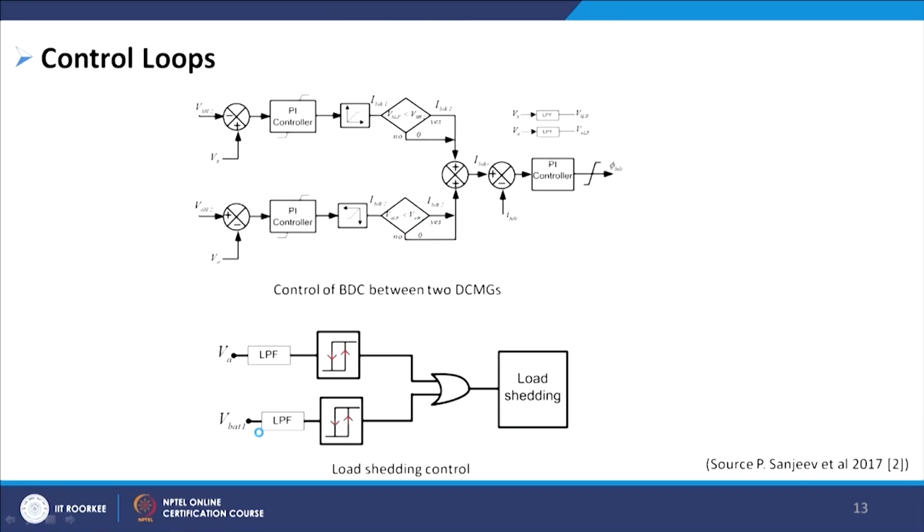Now, moving to the control loops of the DC microgrid, the basic structure, and then we have a load shedding control, because here we have seen that if required, the loads which are not critical need to be shed or disconnected.